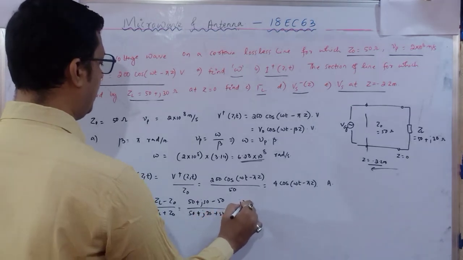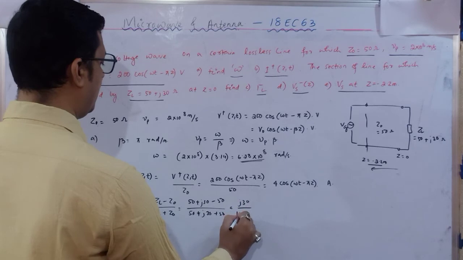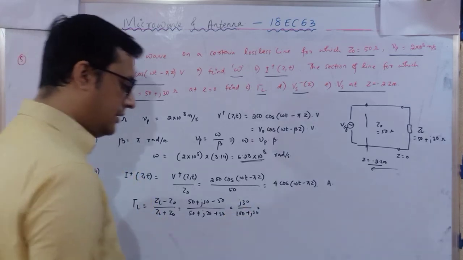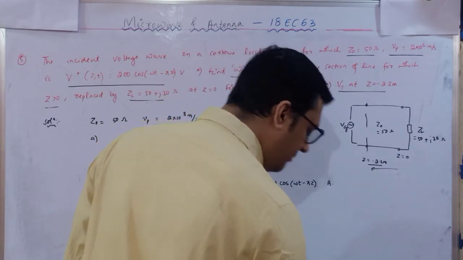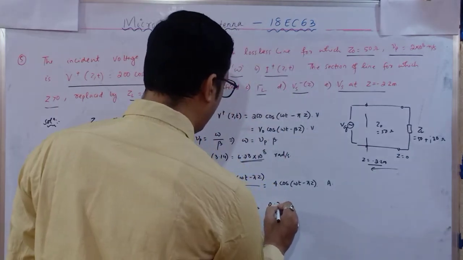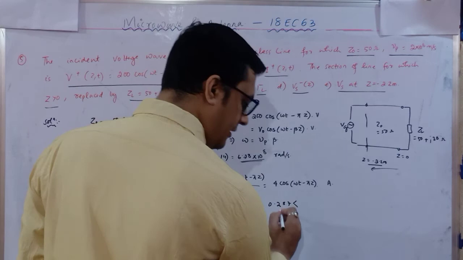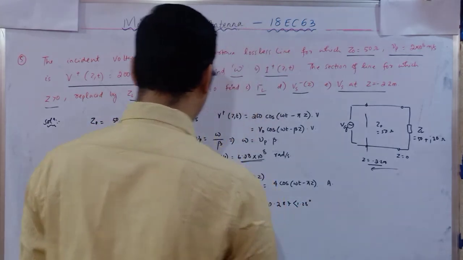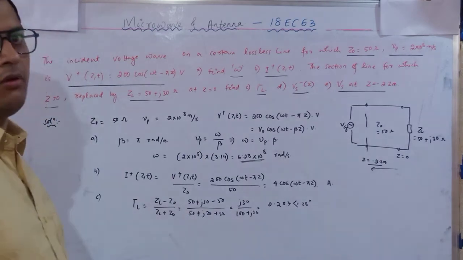So the numerator is j30 and the denominator is 100 plus j30. If you solve this, your reflection coefficient will be around 0.287 angle 1.28 degree. So this is your reflection coefficient.